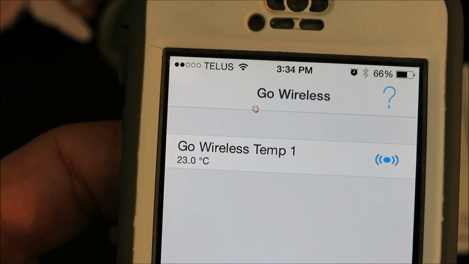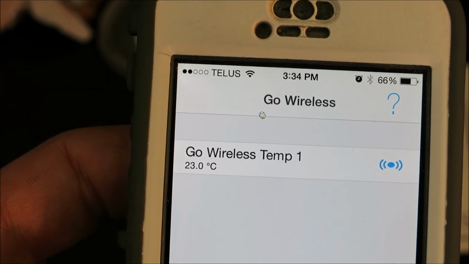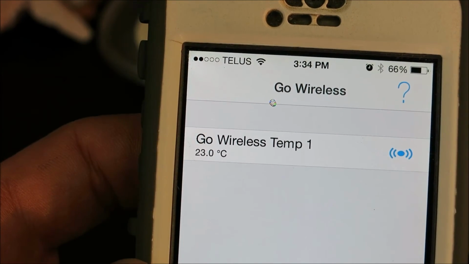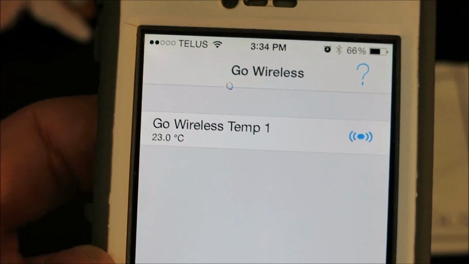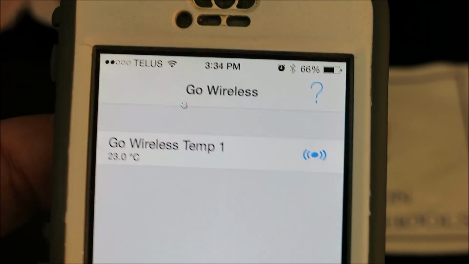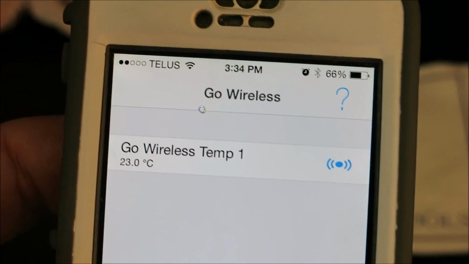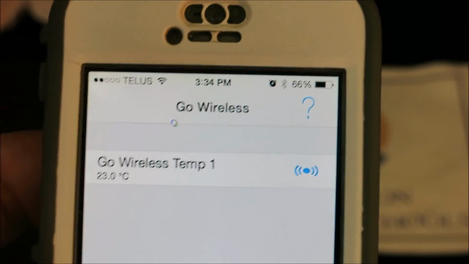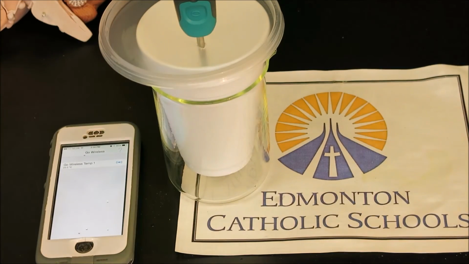We'll wait a second and allow it to reach thermal equilibrium. We will use the graph to indicate when the reaction is complete, so we know when to take the final value for the highest temperature achieved. So 23.0 degrees Celsius is our starting temperature.